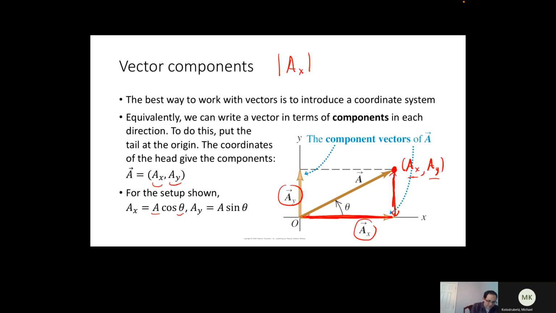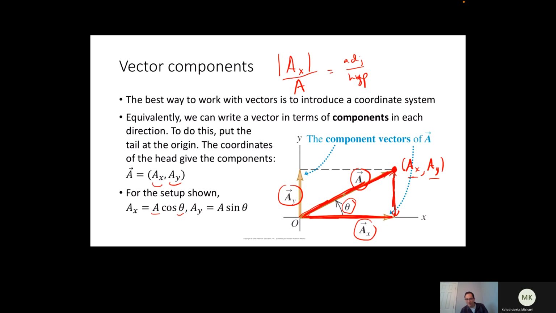That's adjacent to the angle theta. So A_x over the magnitude of A, which is the hypotenuse of this triangle, is the adjacent over the hypotenuse.